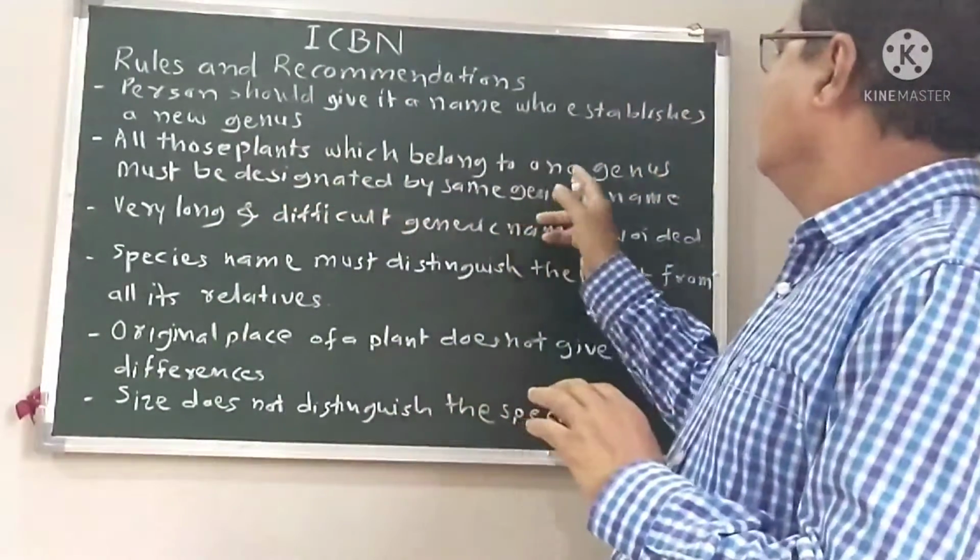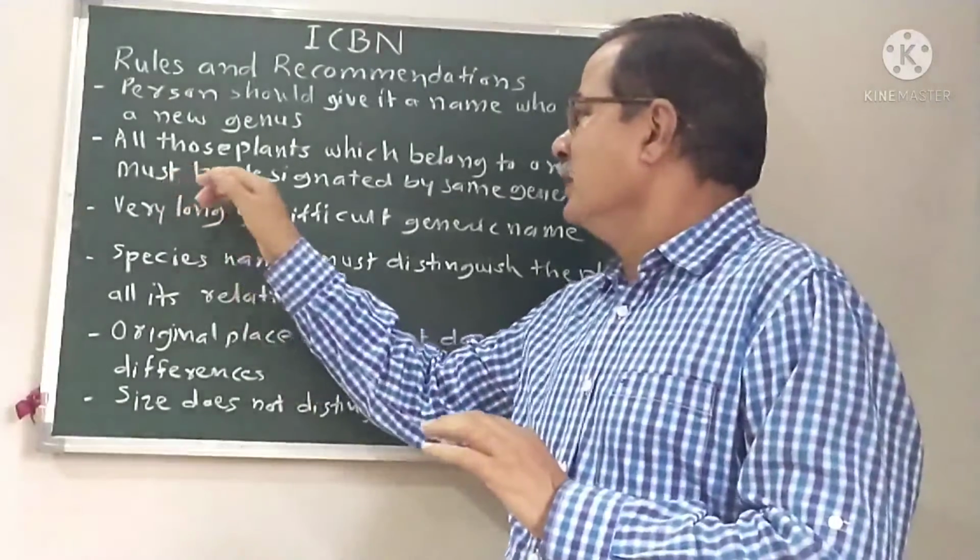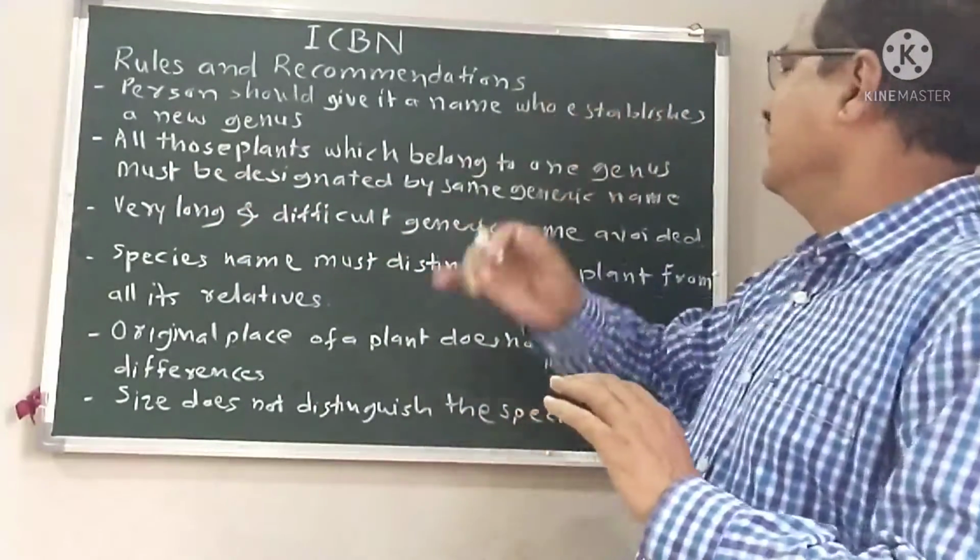All plants which belong to one genus must be designated by the same genus name.